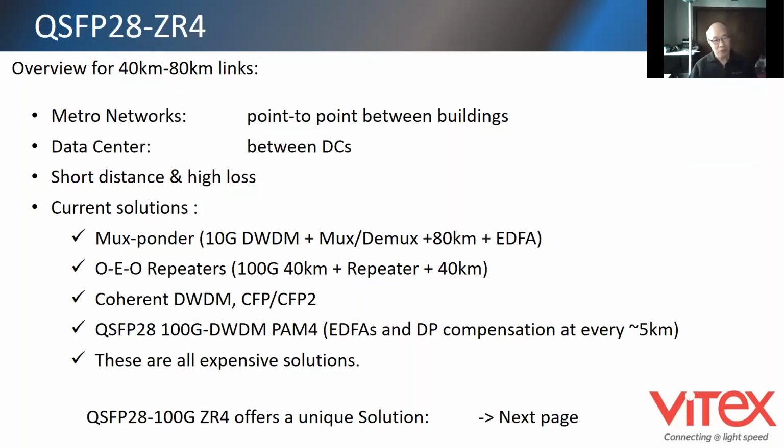The third one is coherent DWDM, in the form of CFP and CFP2. And last but not least, QSFP28 100G DWDM using PAM4, where the link has EDFAs and a dispersion compensation network every 5 kilometers or so. So you can see all those solutions are expensive.